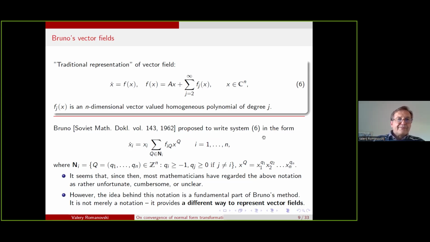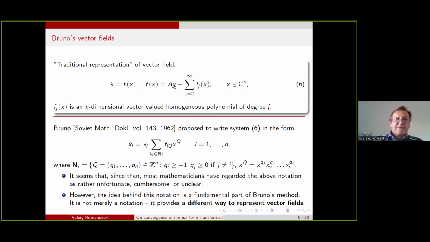But Bruno in 1962 proposed to write system 6 not in this traditional way, like a sum of homogeneous polynomials, but in this form.